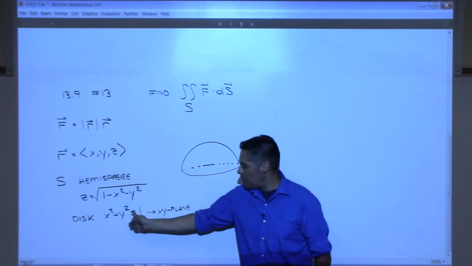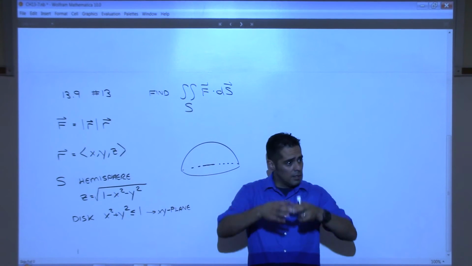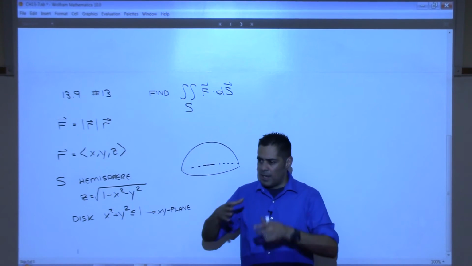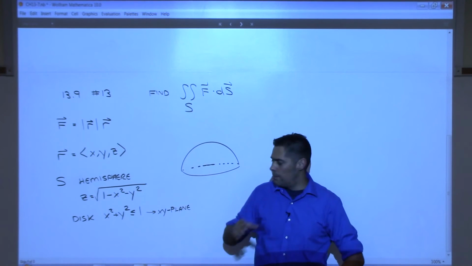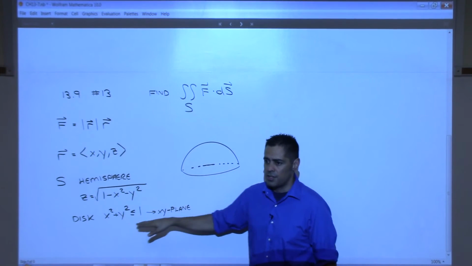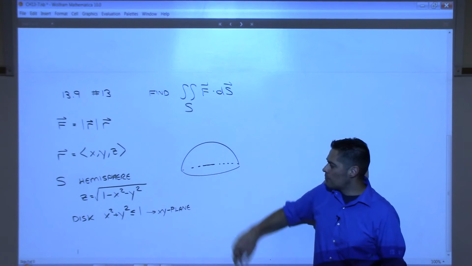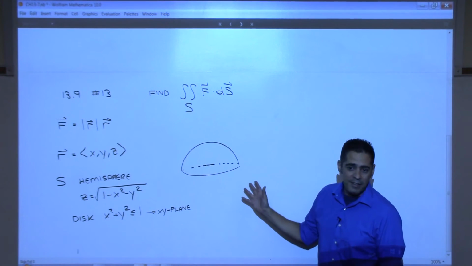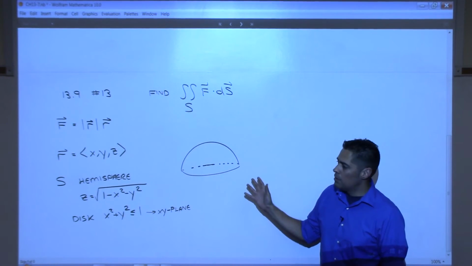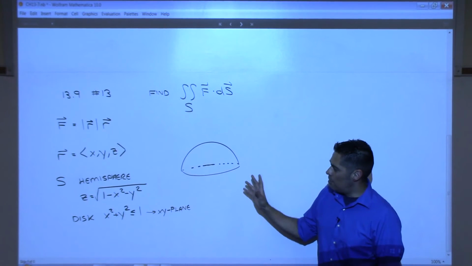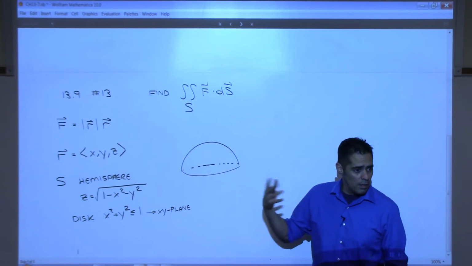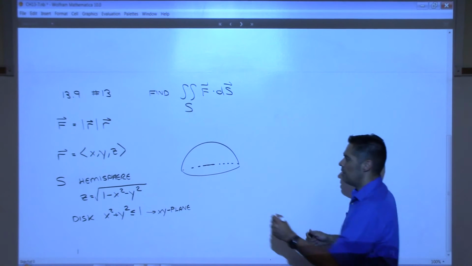It's like a cylinder, right? If that was equal 1, that'd be a cylinder. Less than or equal 1, this would be like a solid bar. But if I say it's in the xy plane, it's just the bottom. Understand? Any questions on what S is? We're all right? So E is the solid it encloses. We have that. We have an E in here.